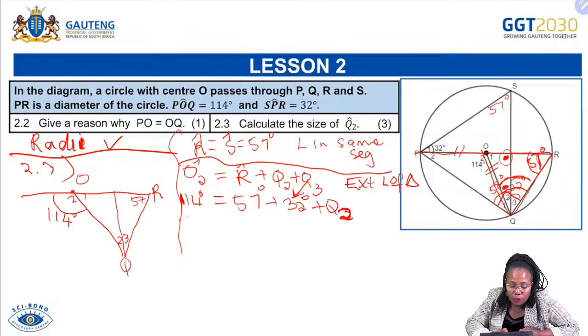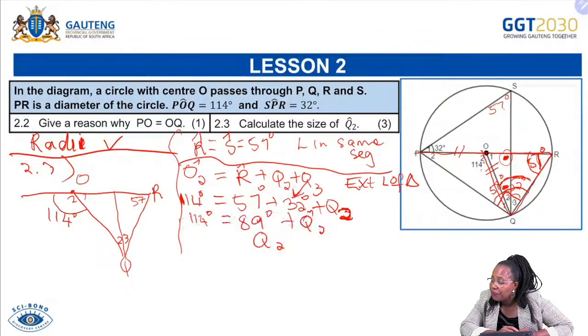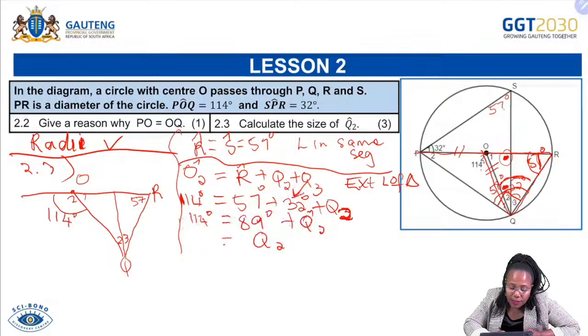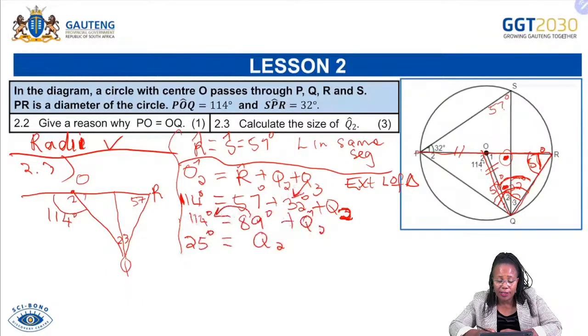And then now we have 114 degrees equal to 57 plus 32, that is 89 degrees, plus angle Q2. And then to find Q2, we are going to say 114 minus the 89 degrees, and then we end up with 25 degrees, because 89 to this side will be a minus. So that is how you calculate that, grade 12.